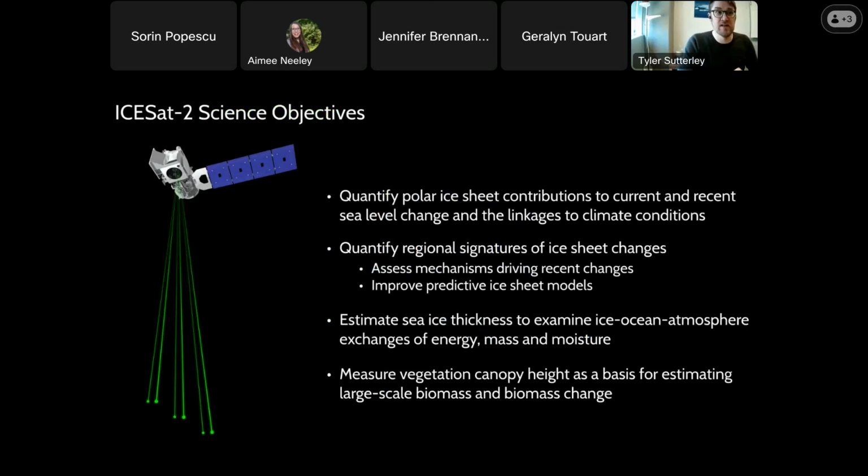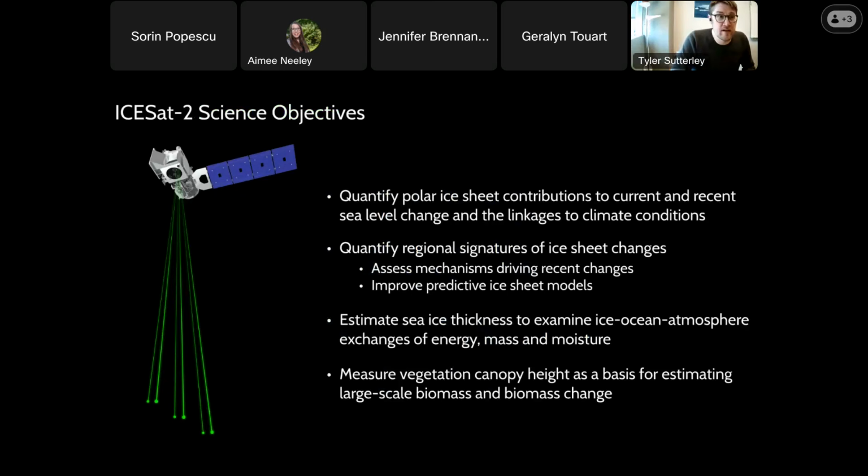ICESat-2, as Soren said, was created to help quantify how our ice sheets and glaciers are changing and their contributions to sea level rise and how that connects to climate. And also quantifying how the regional signatures of these ice sheets are changing, whether it's snowfall or dynamics, and figuring out why.